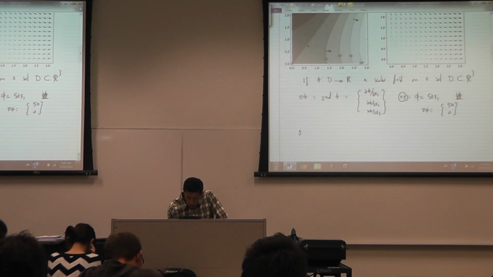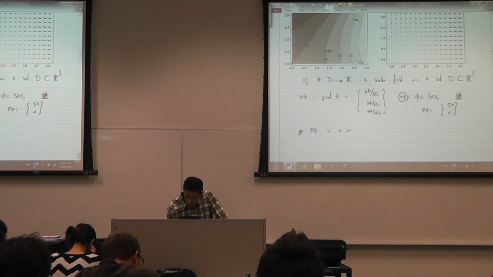Now this gradient of phi is a vector, a first order tensor.